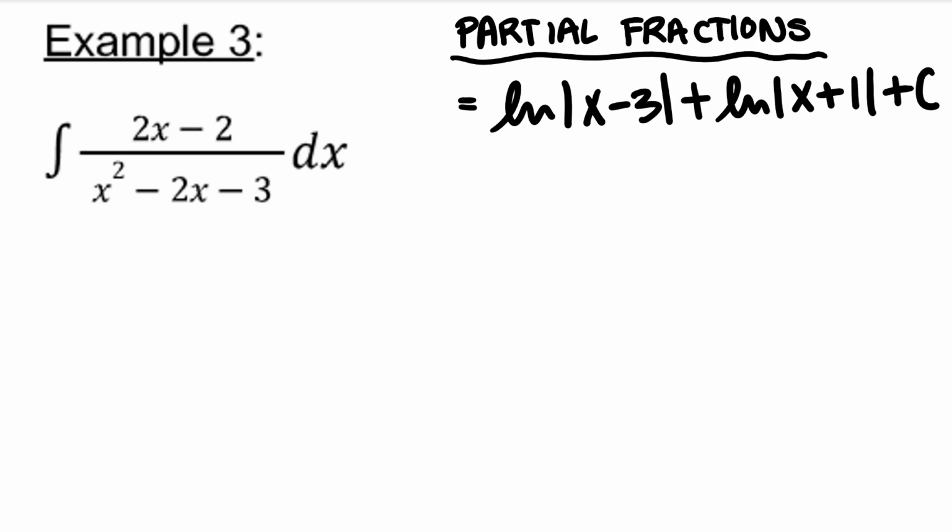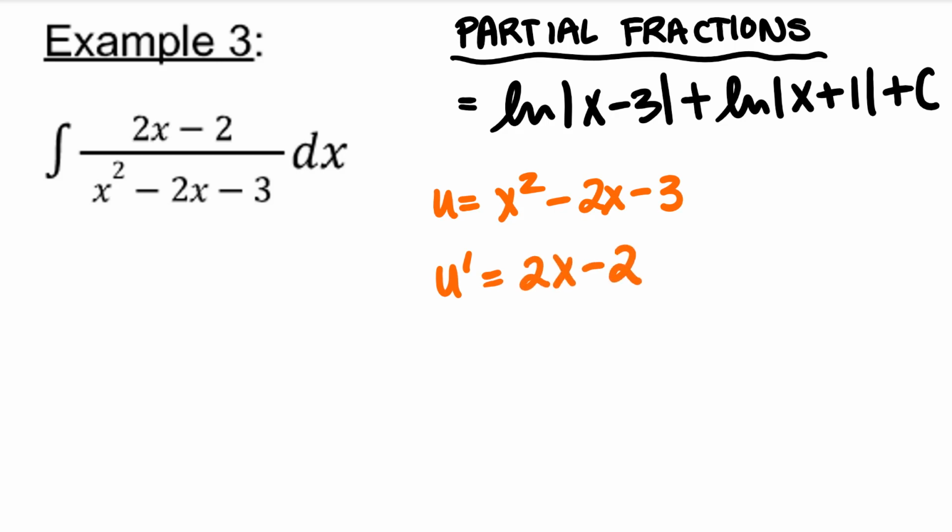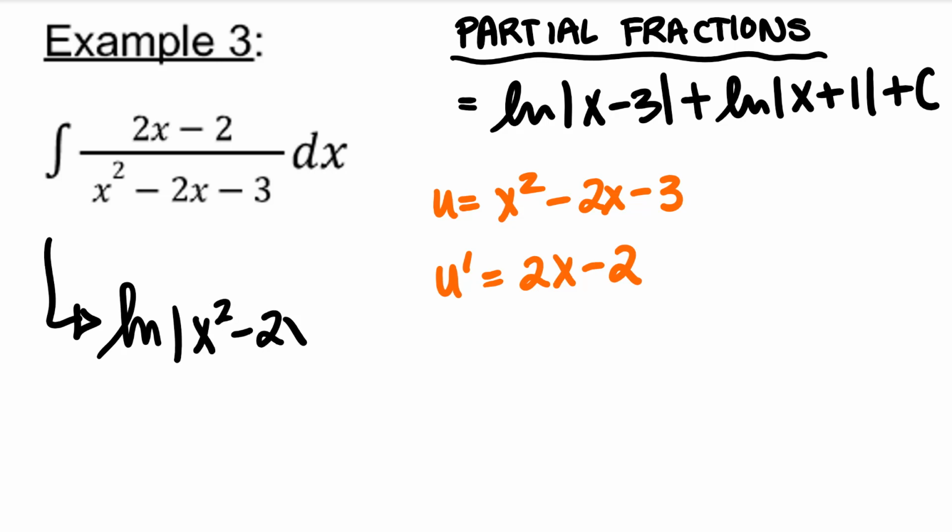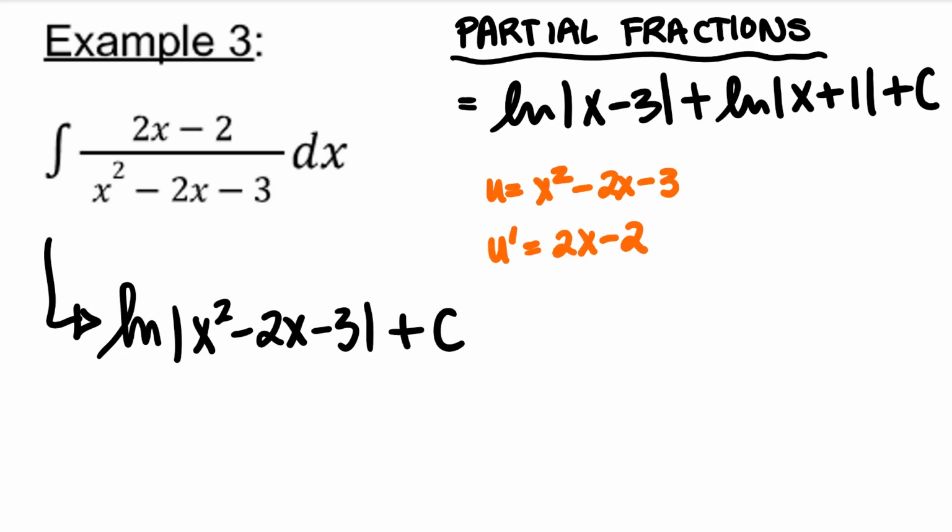But if you notice, this integrand is u prime over u. So our solution here is ln absolute value u plus c. Is that the same answer you would get with partial fractions?